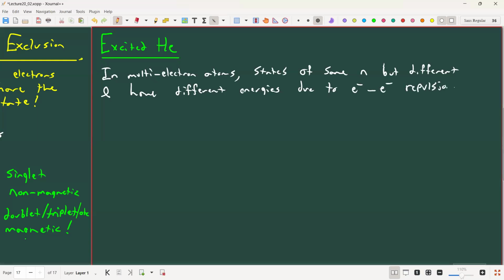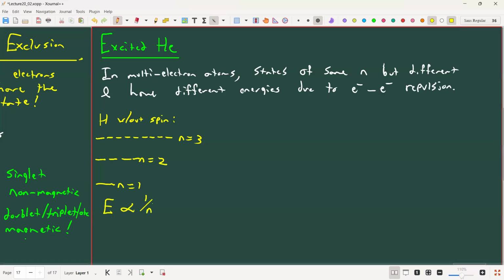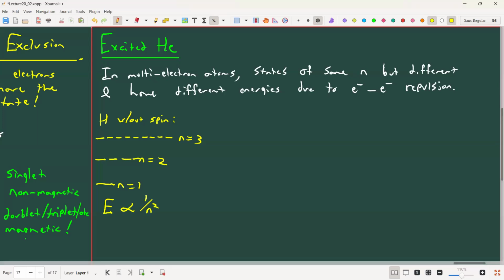So in hydrogen, without spin, there's no electron repulsion because there's only one electron. You have N equals 1, N equals 2, there's 4 states there. N equals 3, 1, 2, 3, 4, 5, 6, 7, 8, 9. All the states are degenerate. There's no dependence on L. Energy is proportional to 1 over N squared, it's only dependent on that.